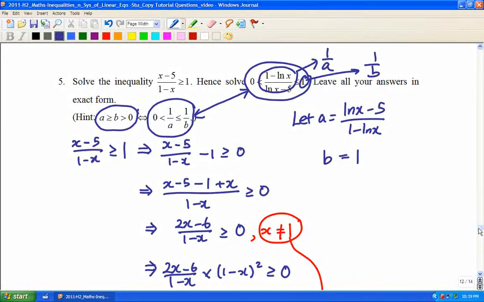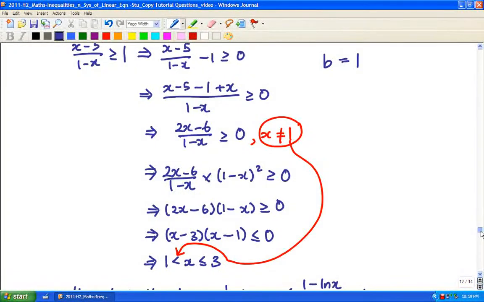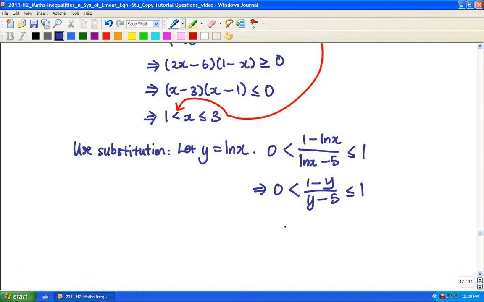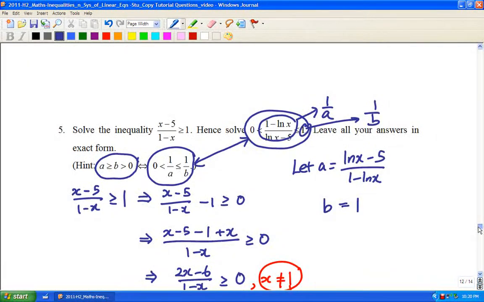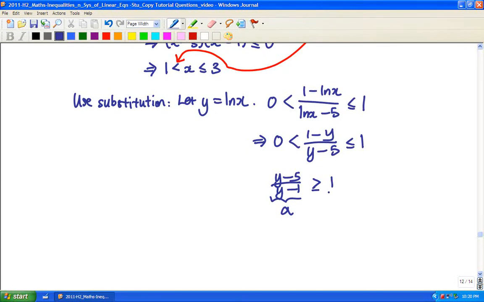So we can get from here the result as follows. Since we want a greater or equal to b greater than 0, we will get (y minus 5) over (1 minus y), this part is our a, greater than or equal to 1, where 1 is our b, greater than 0.